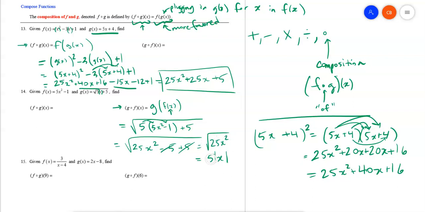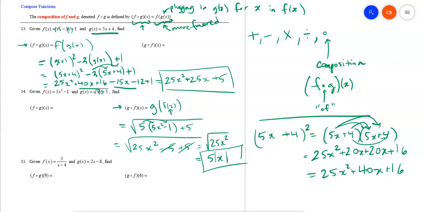So we don't want to take the square root and end up getting some kind of negative values. That would not be good. So this would be the answer for this one. It's a little bit tricky, and it's easy to miss that one, but that will be our answer for g of f of x for this one.